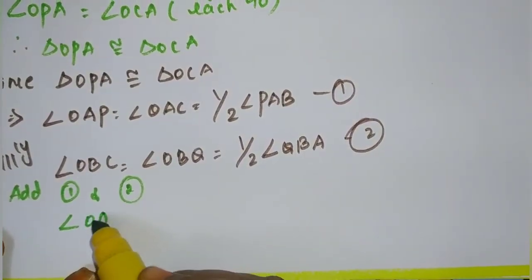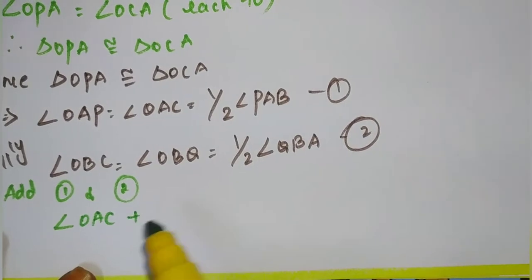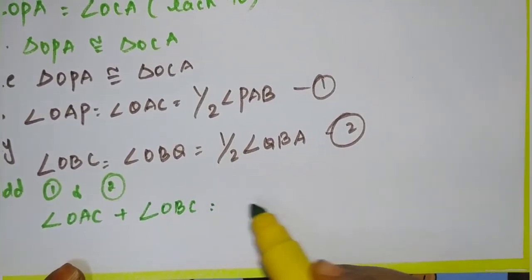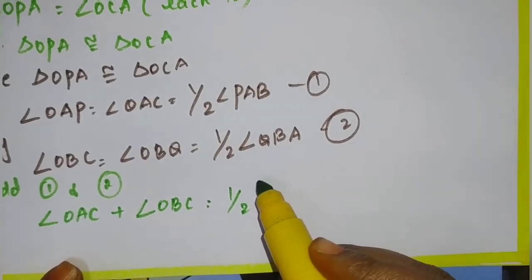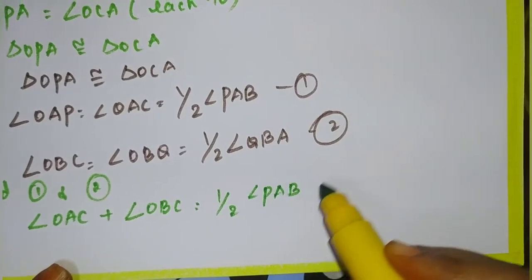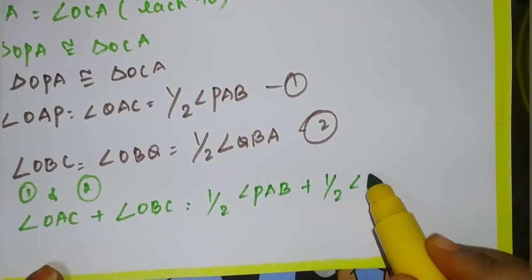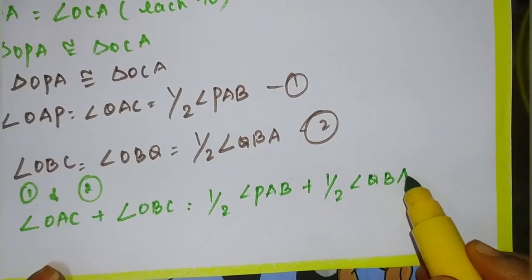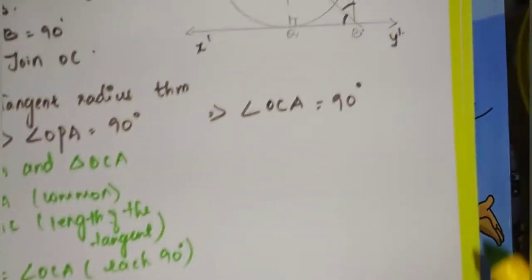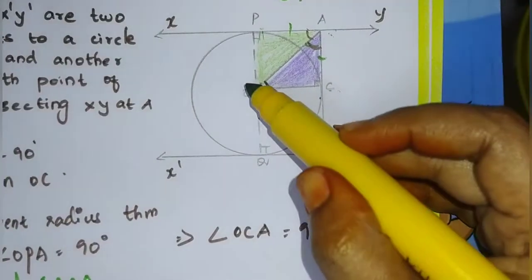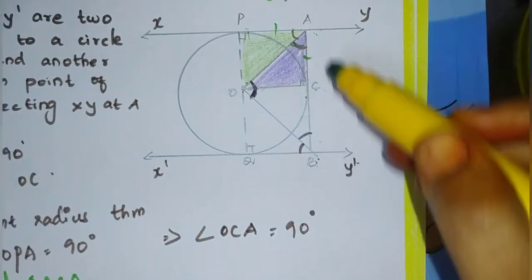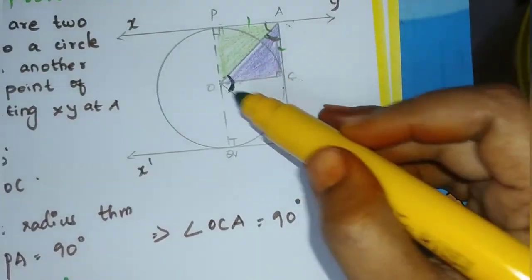Angle OAC plus angle OBC is equal to half of angle PAB plus half of angle QBA. Instead of this C, I can write OAB. Instead of this B, I can write OBA also.